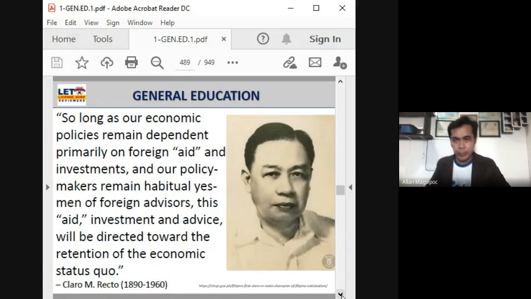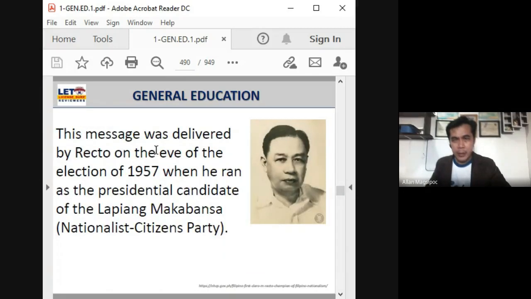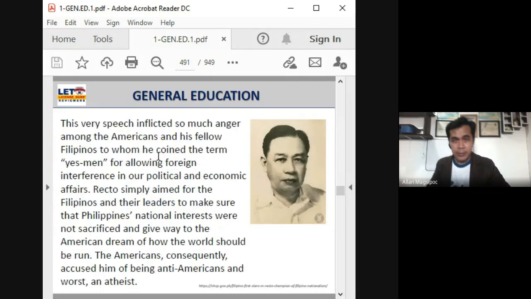This message was delivered by Recto on the eve of the 1957 election when he ran as the presidential candidate of the Lapiang Makabansa or Nationalist Citizens Party, and siguro natalo siya kasi ano ang message. This very speech inflicted so much anger among the Americans and his fellow Filipinos, to whom he coined the term yes men.